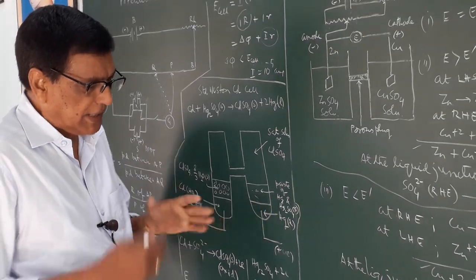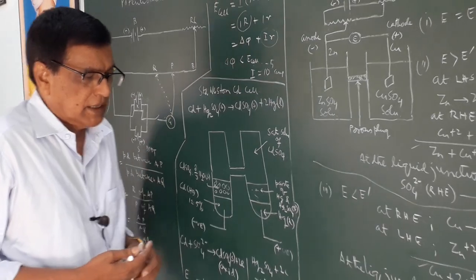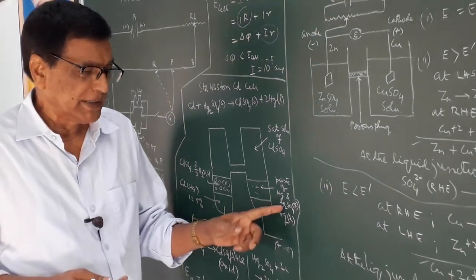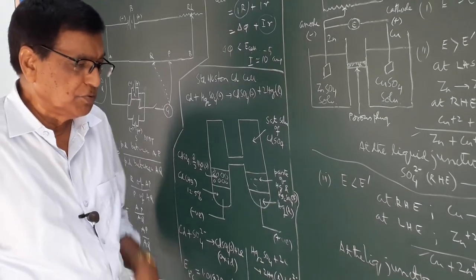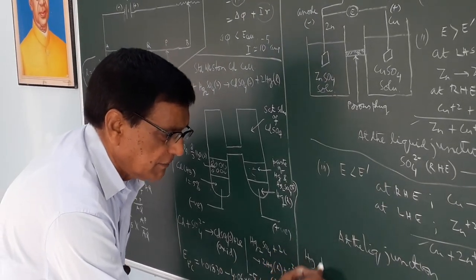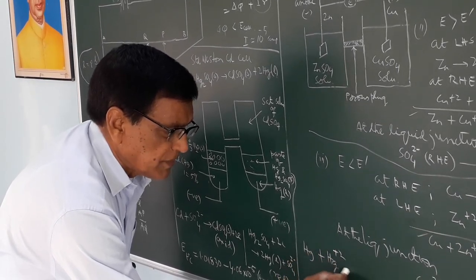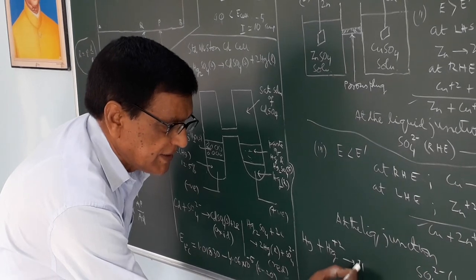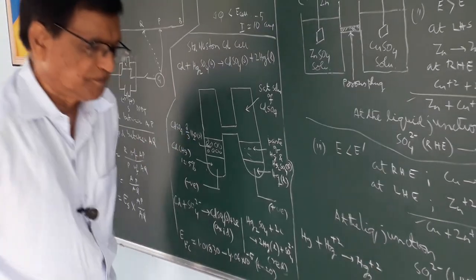Mercury is added to the mercurous sulphate in order to prevent the mercurous ion from converting to the mercuric ion. Through disproportionation reactions it gives mercurous ion again.